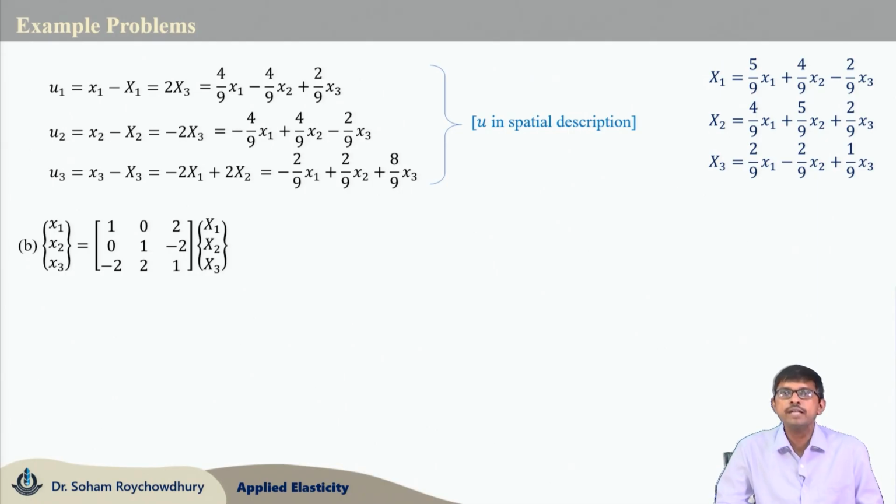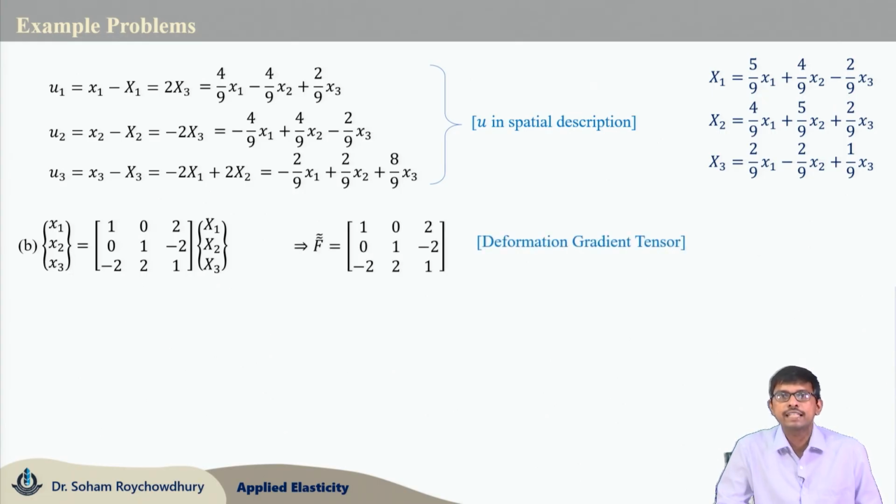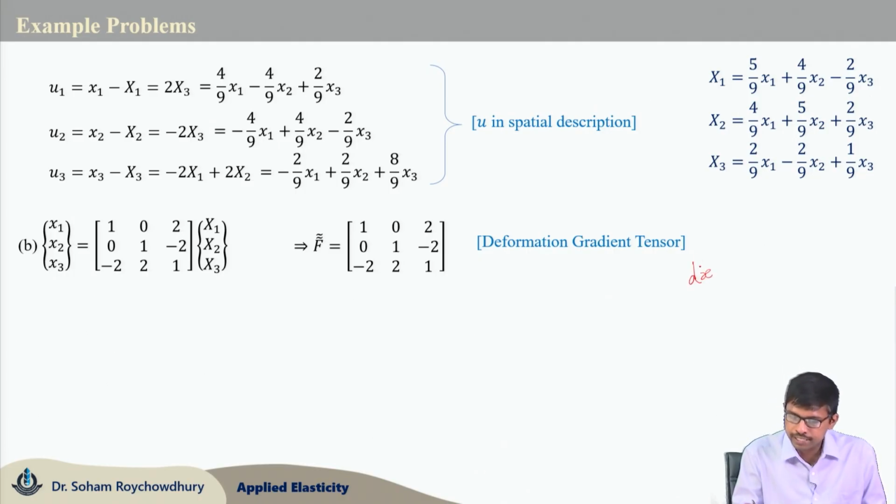Now, coming to the second part, as I had already told, x is equal to this matrix times X, and that matrix is nothing but the matrix of the deformation gradient tensor, because by definition the vector dx is equal to F acting over the vector dX.